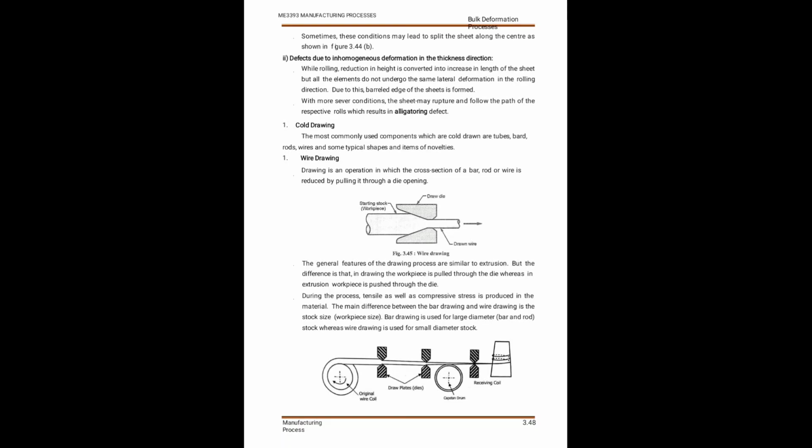And next one, the drawing process. The drawing process is also called cold drawing. The most commonly cold drawn components are tube, bar, rod and wires. In the wire drawing process, the drawing operation reduces the cross section and the length of the workpiece is increased. That is the drawing process.